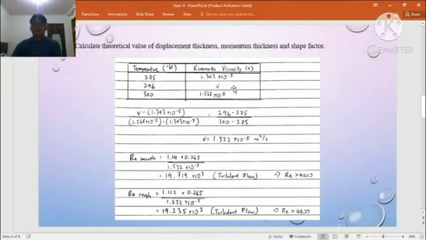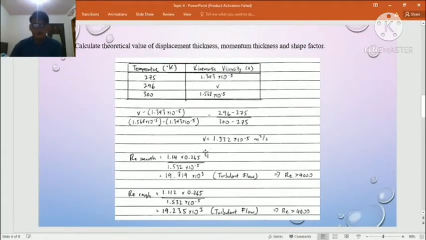Since we cannot find the value of the viscosity directly, we need to use the method of interpolation. After interpolation, we get the value of 1.3532 times 10 to the power of negative 5 meters squared per second.